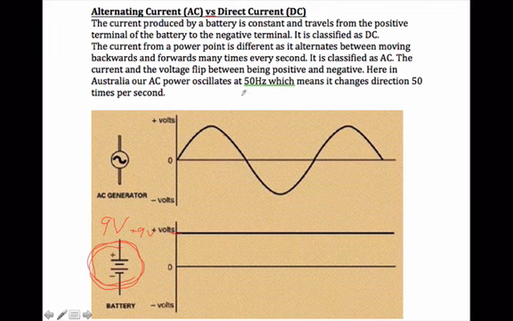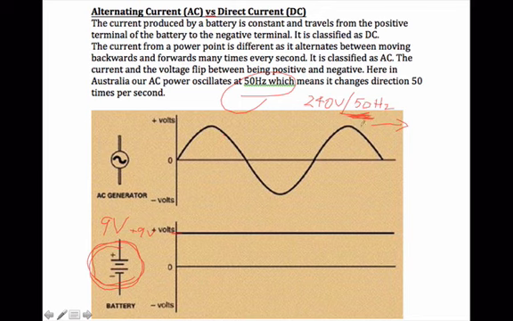In Australia, our AC power supply is rated at 50 Hertz. When you buy a TV or an electrical device, you'll see it rated at 240 volts, 50 Hertz. That's made for Australian conditions, which means the AC signal is flipping from positive to negative 50 times every second. So when you've got a cord coming out of the wall, you don't just have a current running constantly in one direction.